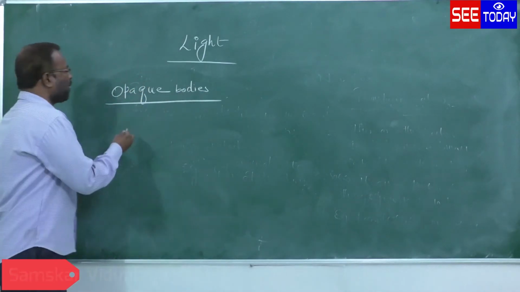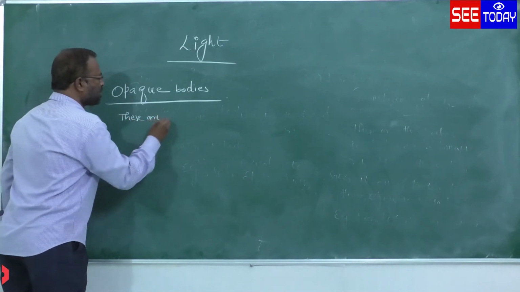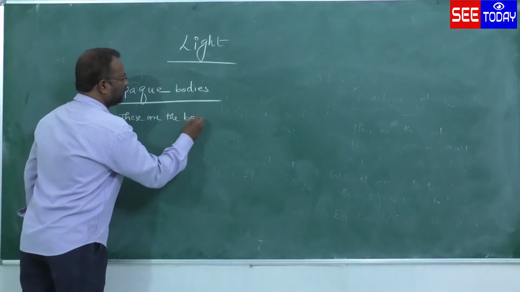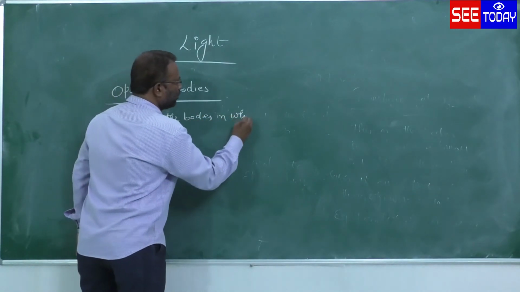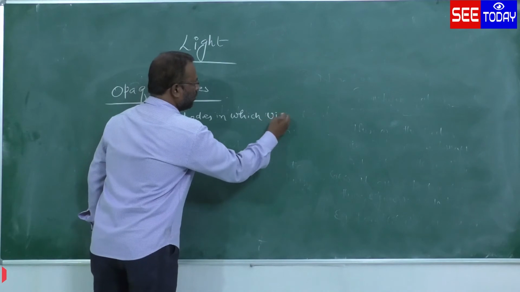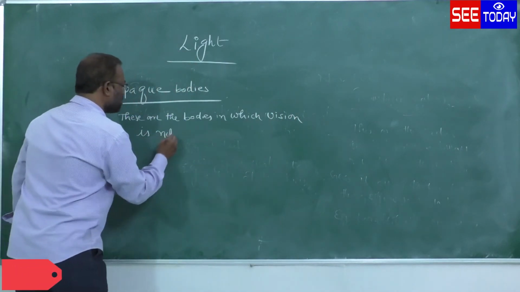So, what is that? These are the bodies in which vision is not possible.